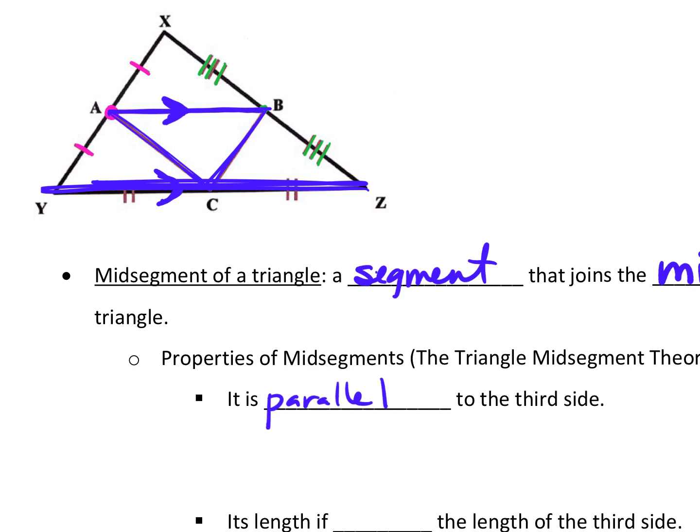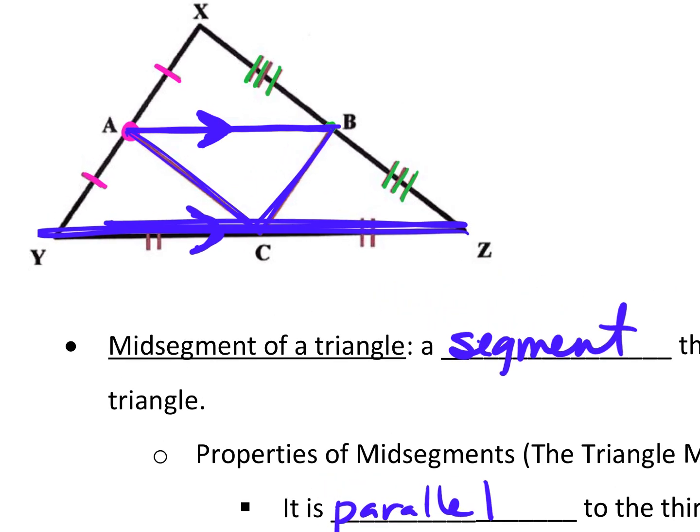Because they will be parallel, you'll see angles like those or angles like those. What kind of angles are those called? Corresponding. Corresponding angles are congruent when lines are parallel. See how this all comes together?